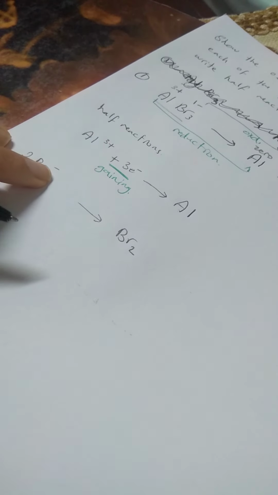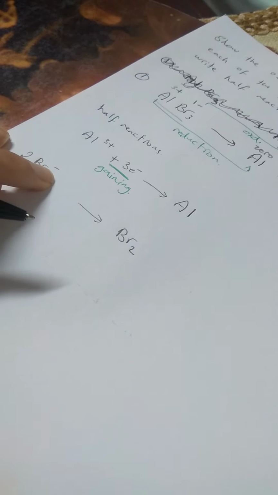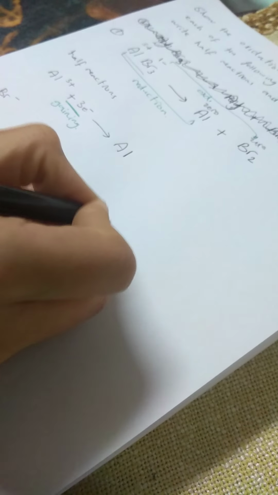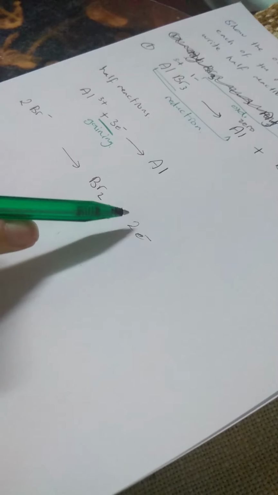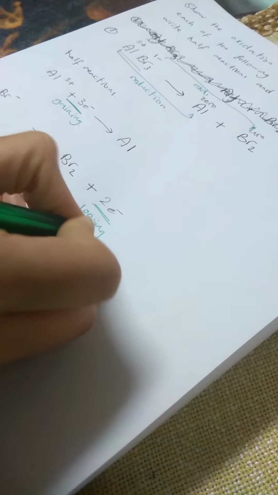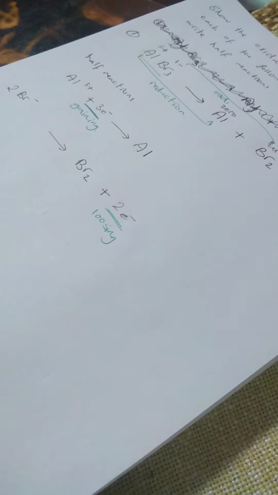Each bromine atom went from having the oxidation state of -1 to 0, so it lost an electron. Because we have 2 bromine atoms, 2 electrons are lost. So plus 2e negative. As we said, for Al it's gaining of electrons, and this is losing electrons, 2 electrons lost.